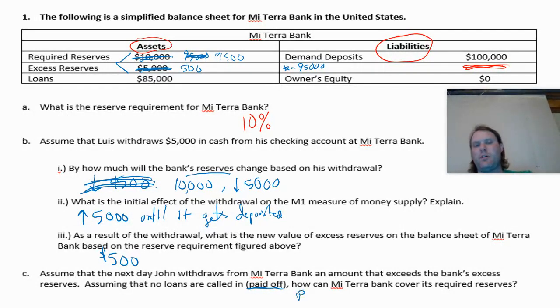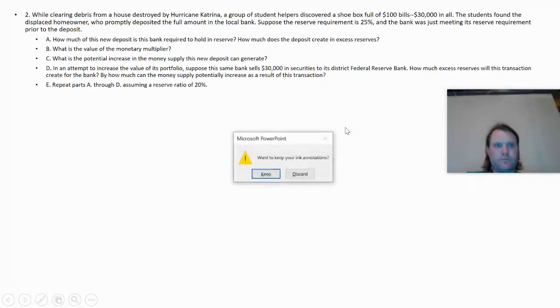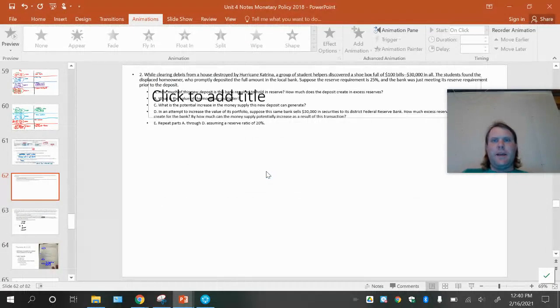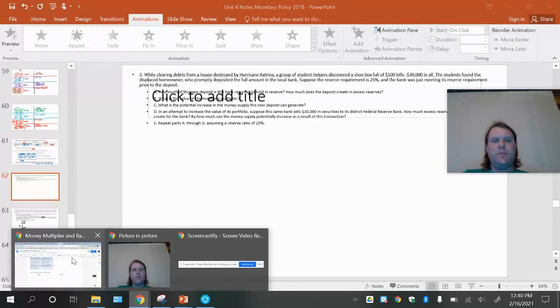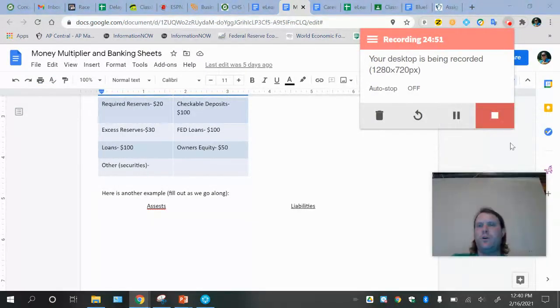They can either borrow from another bank or the Fed. All right. I hope this is starting to make sense. It will be an assignment for you on my AP. And while we continue to get better at these things, keep practicing them, and hopefully we are getting better.